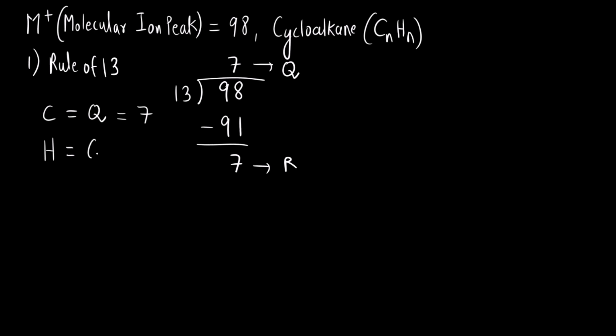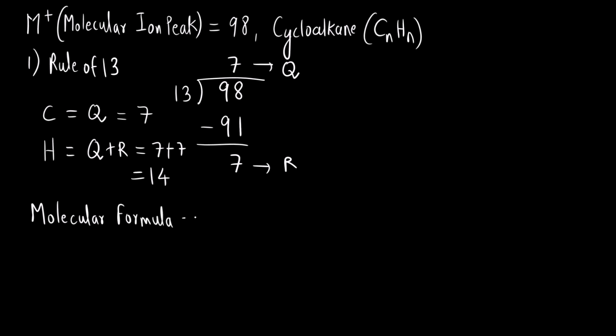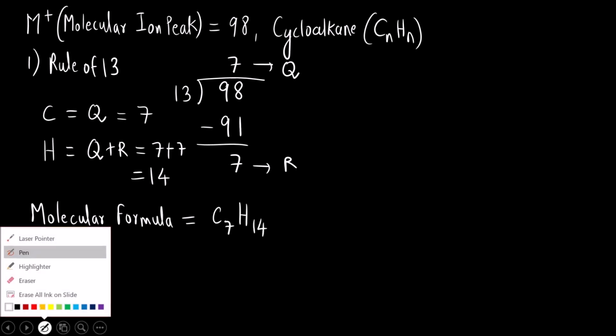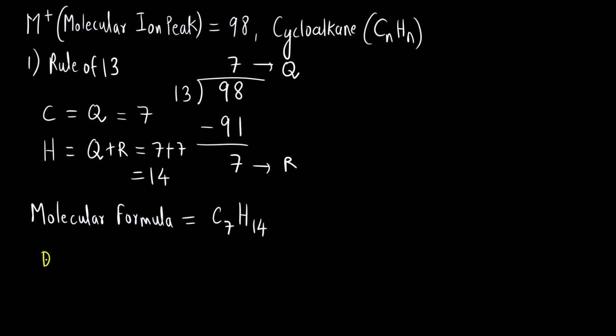The number of hydrogens is quotient plus remainder, so 7 plus 7, which is equal to 14. So we have got the molecular formula: C7H14.